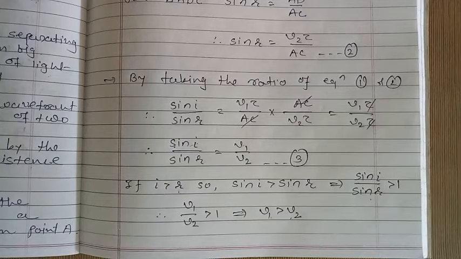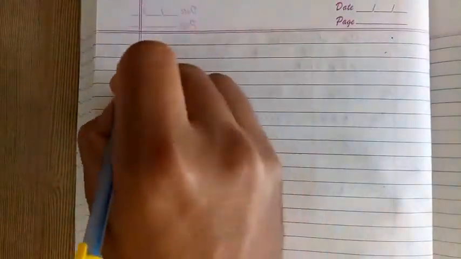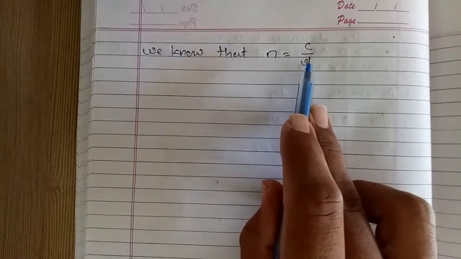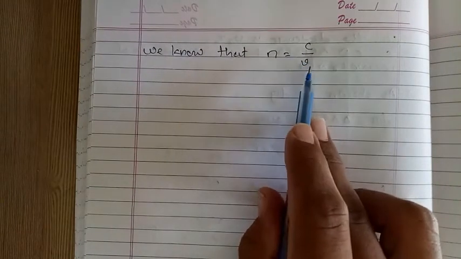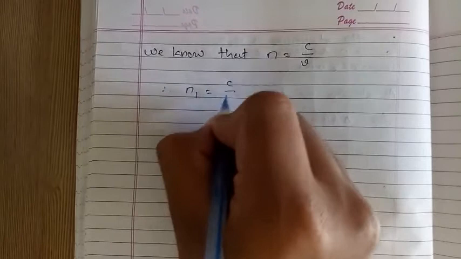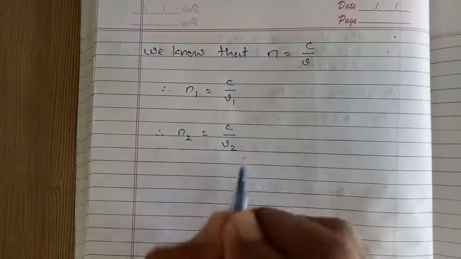We know the absolute refractive index n is equal to C by V, which we already discussed in chapter 9, Ray Optics, where C is the speed of light in vacuum and V is the speed in any medium. So n1 is equal to C upon V1, and n2 is equal to C upon V2.